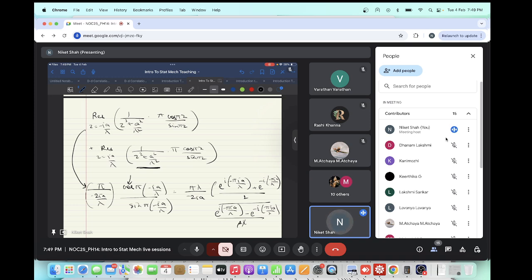So 2i I will remove from here, it will get eliminated. Is equal to minus pi lambda by a.